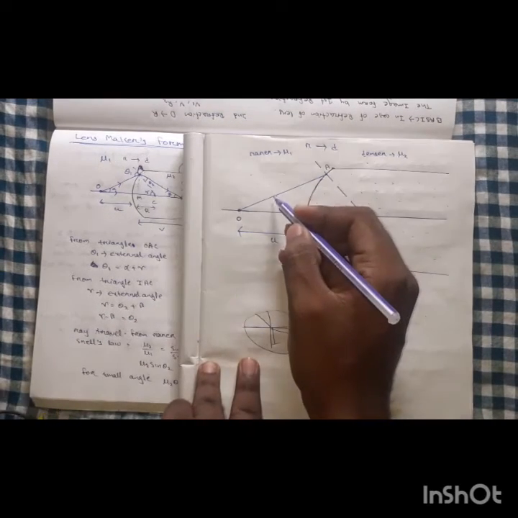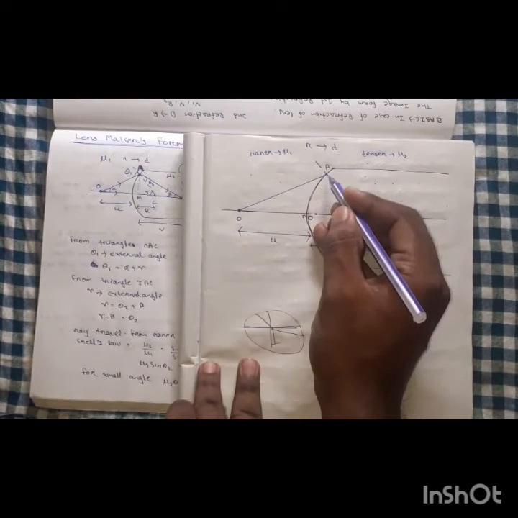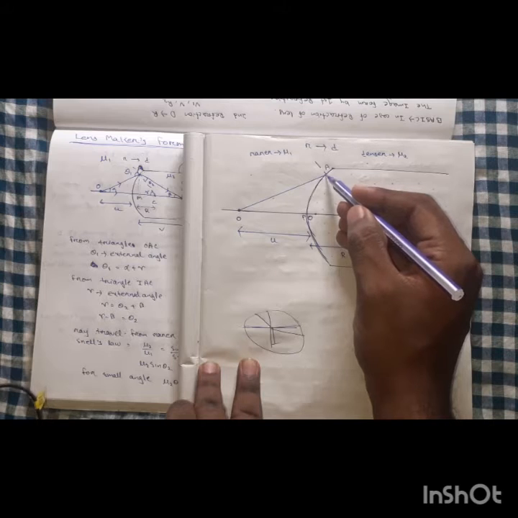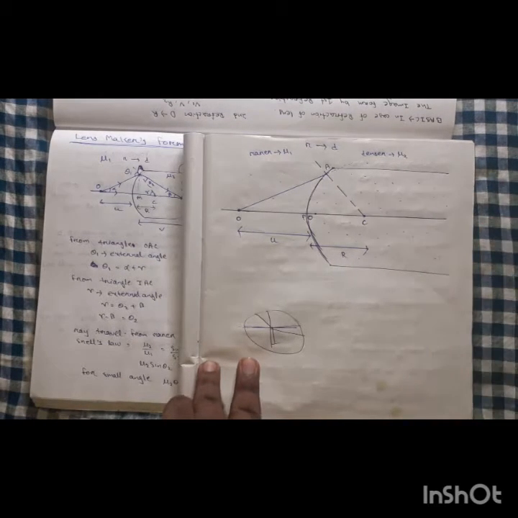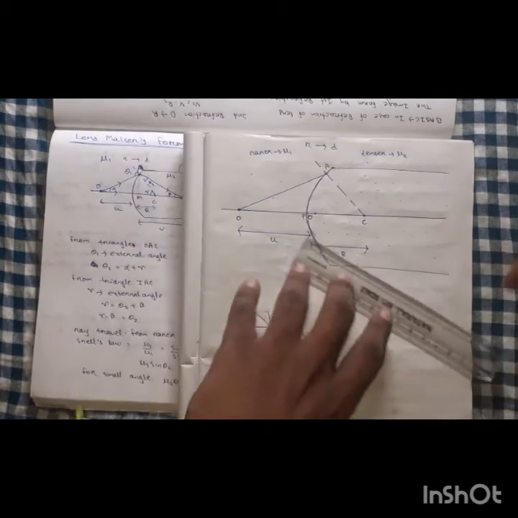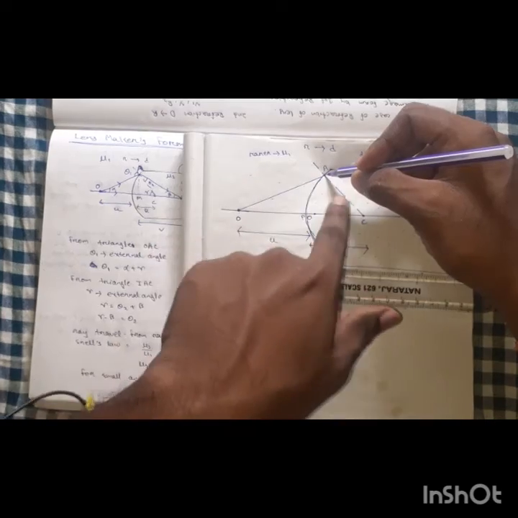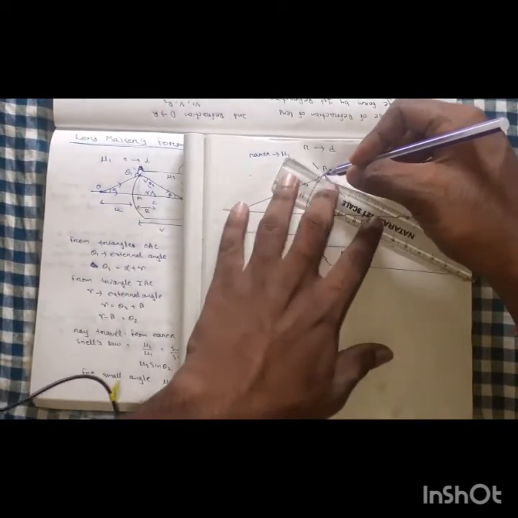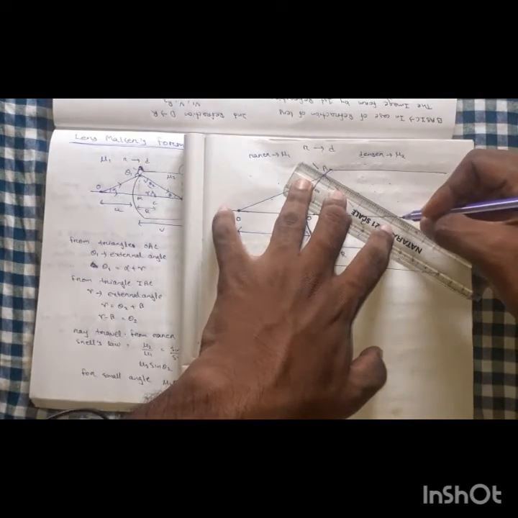Here it is the rarer medium, and here the denser medium. The light falls at this point, and this is the normal. This is the original path, but it is bent. Why? Because light travels from rarer to denser, it bends toward the normal.